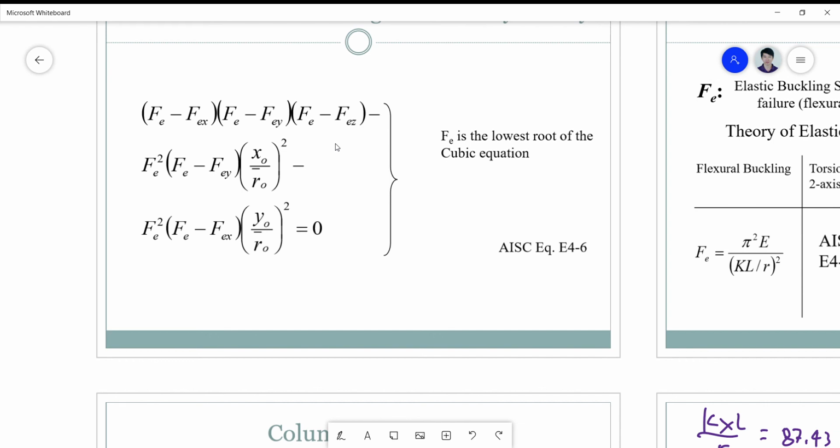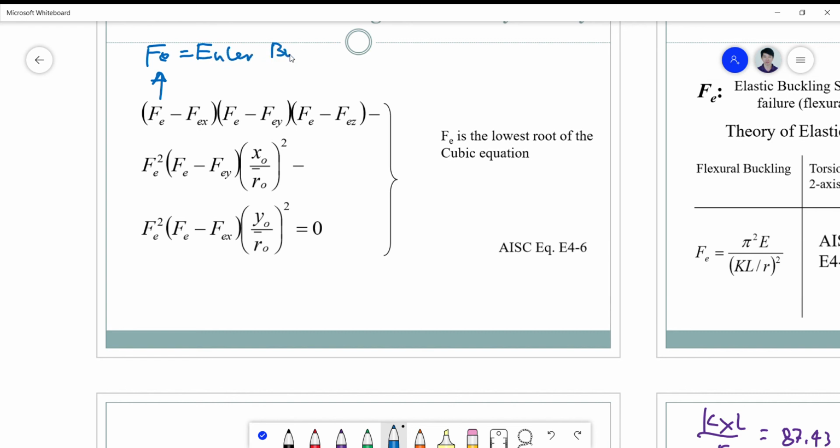So this is a cubic equation wherein again the parameter Fe here is the Euler buckling or failure load, sorry, yes, you can call it buckling, to be substituted on your lambda sub c squared equals Fy over E.